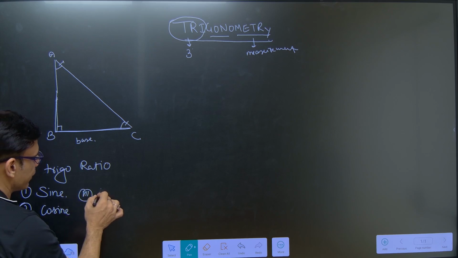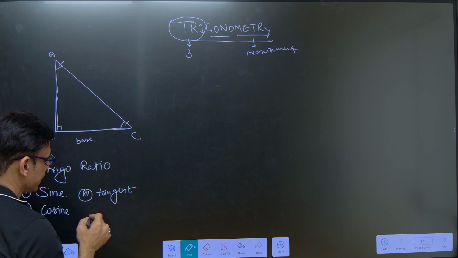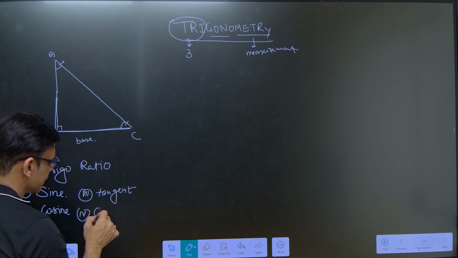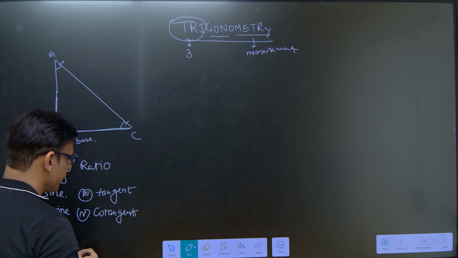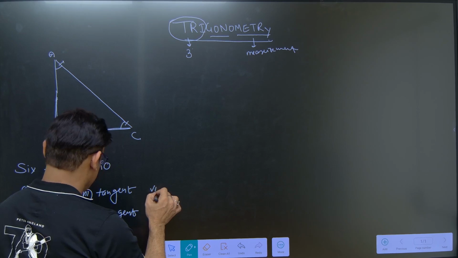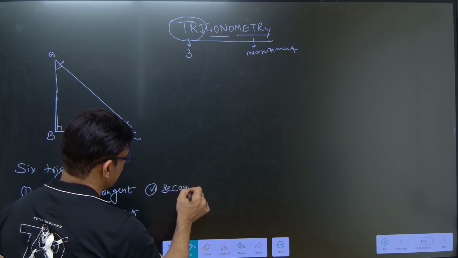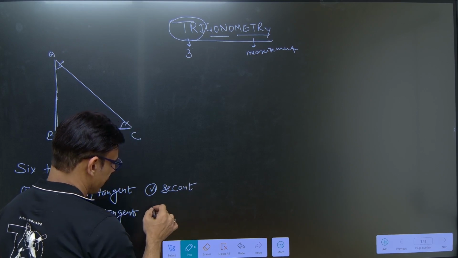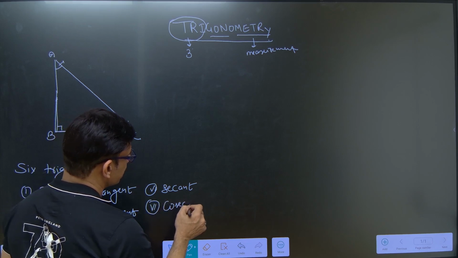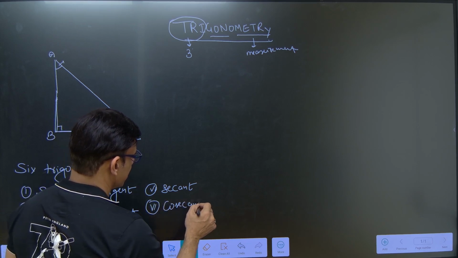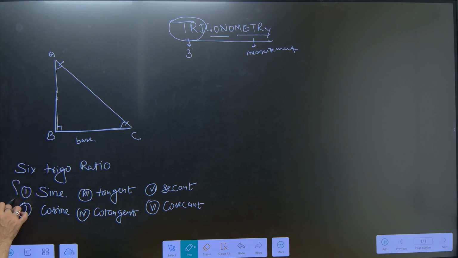Third is tangent, short form tan. Fourth is cotangent, called cot. Fifth is secant, called sec. And last is cosecant, called cosec in short form. So there are 6 trigonometric ratios.